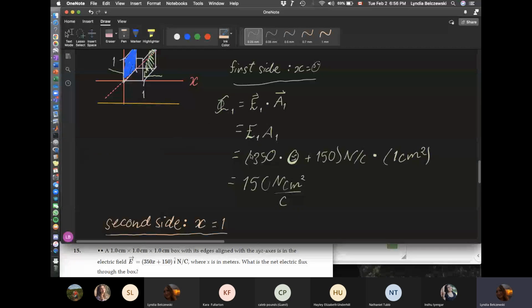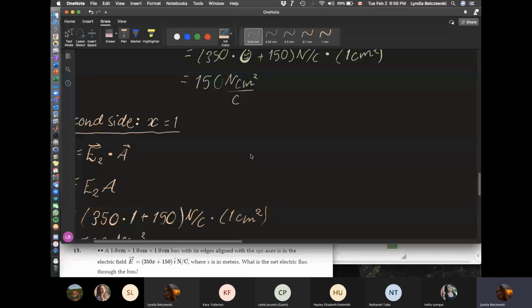So we'll write that out here. I do see there's another question in the chat. I'll get to that in a second. I just want to write this out before I mess it up. So the net flux is going to be equal to flux 2 minus flux 1, or like someone said in the chat, the outgoing flux minus the incoming flux.